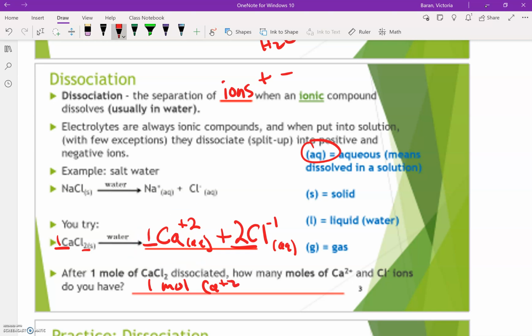Those numbers in the front are coefficients, but they also represent the number of moles. And then we have 2 moles of the chloride ions. So those numbers in front are what we put there to, one, balance the equation, which is why they're called coefficients, and two, they also represent the number of moles. It is the mole to mole ratio.